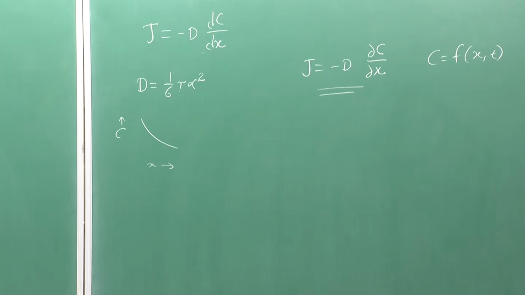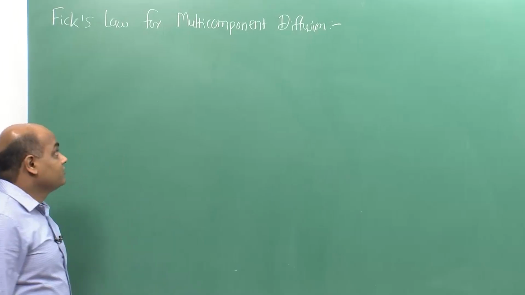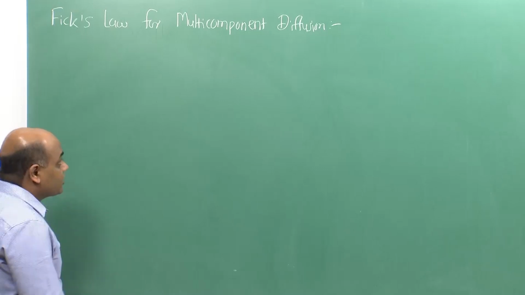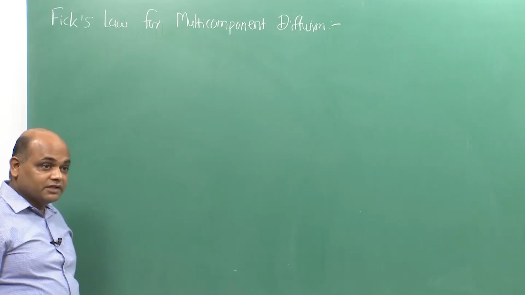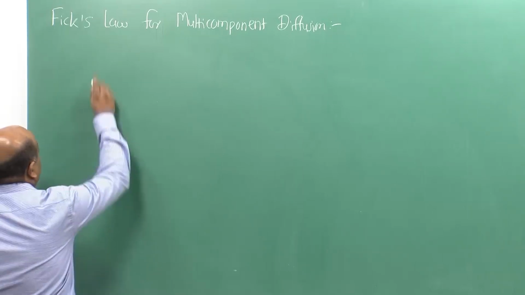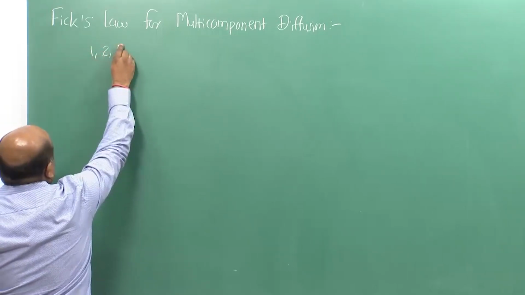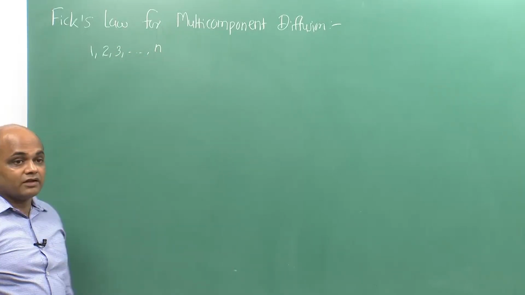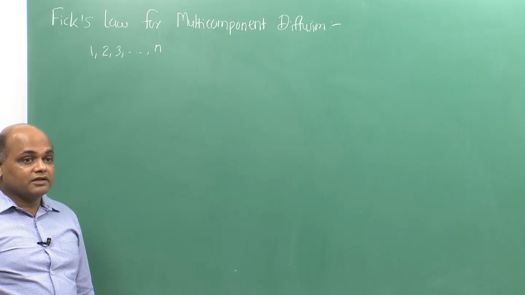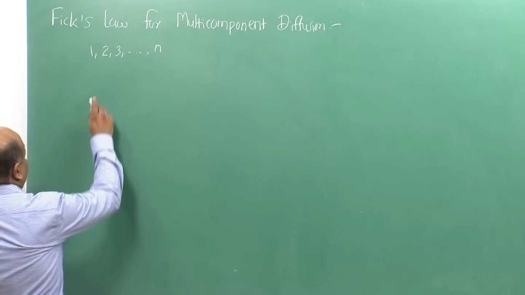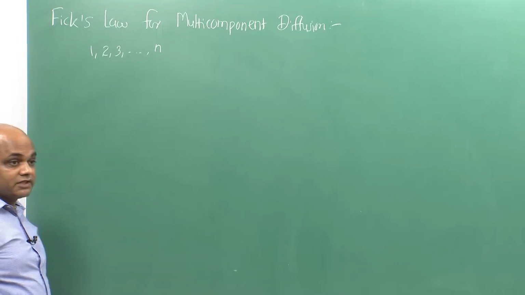So let us look at Fick's law as applied to multi-component diffusion. A multi-component system means it typically has 3 or more components. So if we consider an n component system, let us say components 1, 2, 3, up to n, then we use Onsager's formalism and extend Fick's law using it.